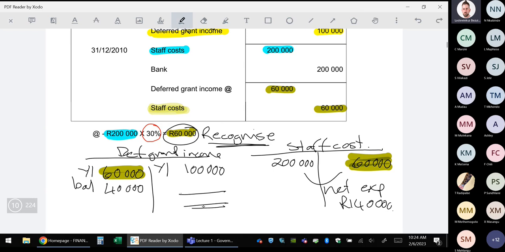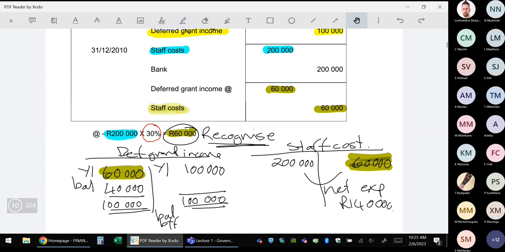So if we balance the account, it is 40,000.